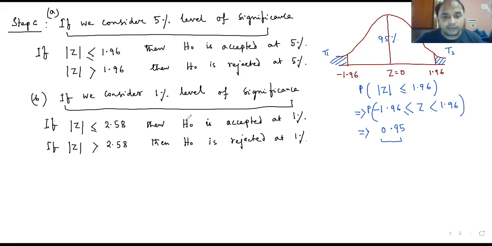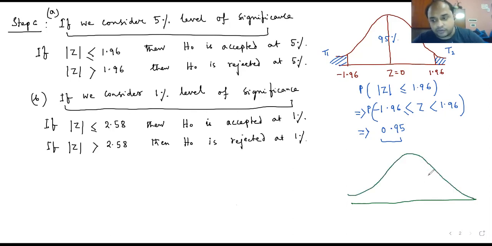If I'm talking about the 1% level of significance case, we are again going to draw the normal curve. My curve drawing is not good. We are again going to draw the normal curve or mesokurtic curve. Here z equal to 0.